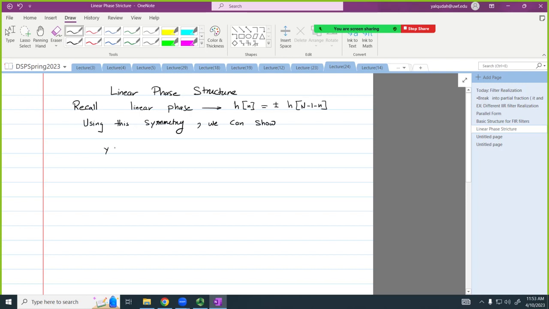that y of n can be written as the summation from k equals 0 to n minus 1 of h of k x of n minus k. This is the convolution.